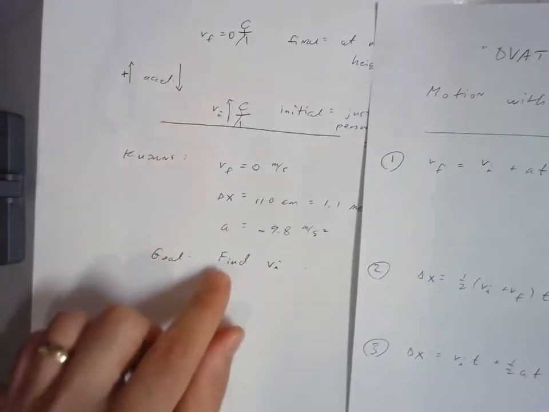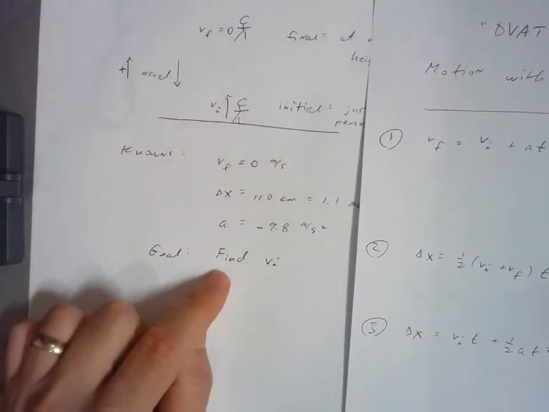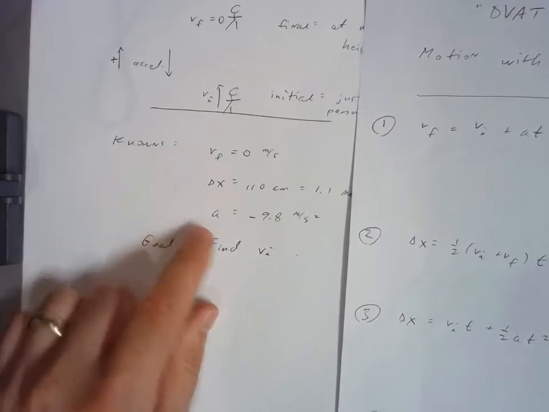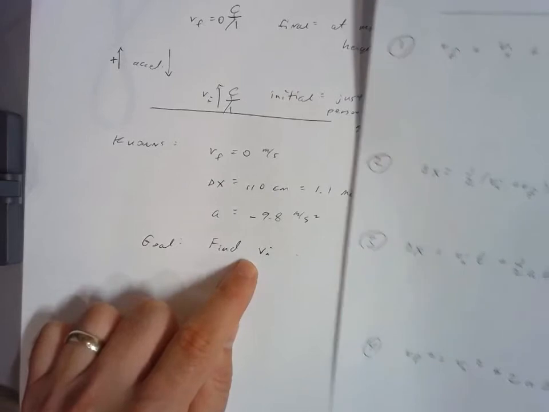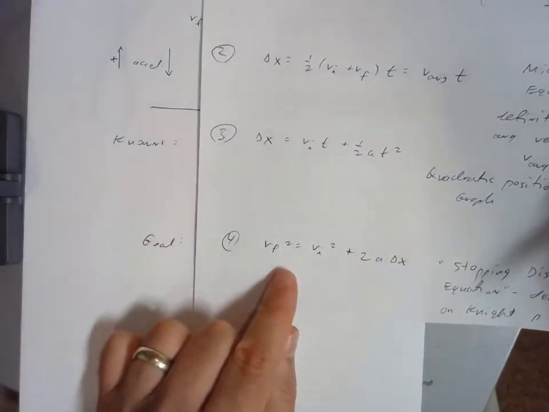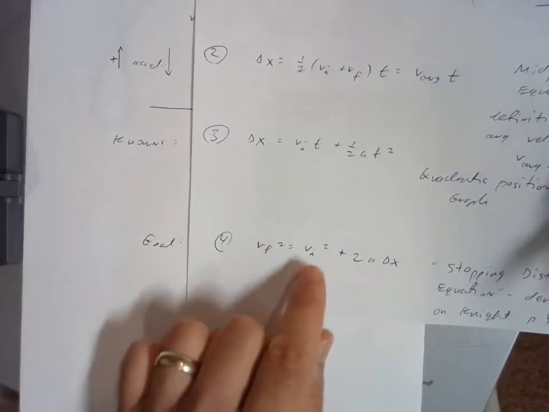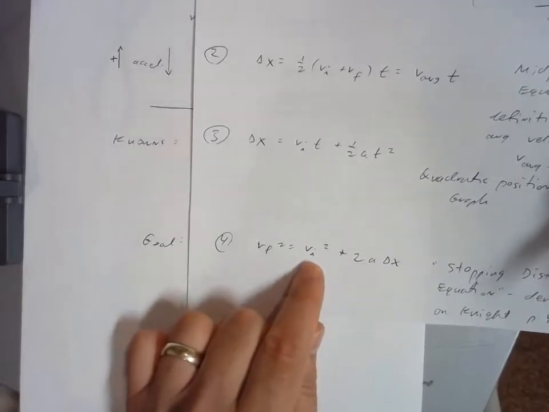Okay, so one of these DVAT equations will let me do that. I need to look at what my knowns are and what I'm looking for. If I know VF, delta x, and a, and I'm looking for VI, the simplest way to solve that is to use equation 4, because that has the 3 things I know and the 1 thing I'm looking for. I could do this problem in 2 steps.